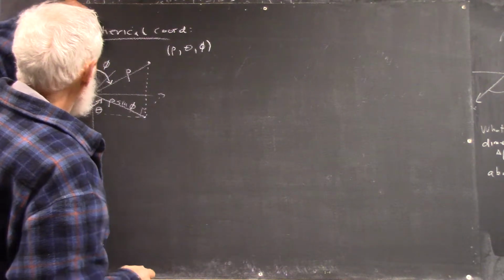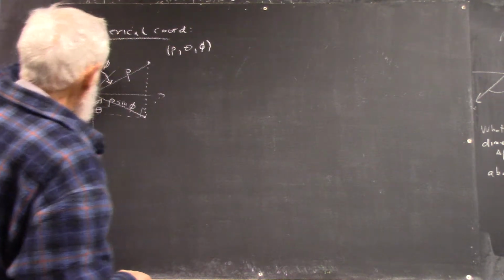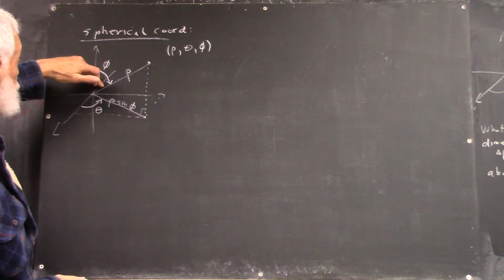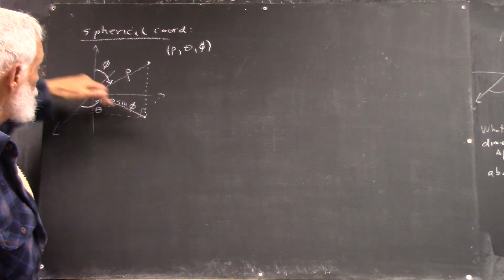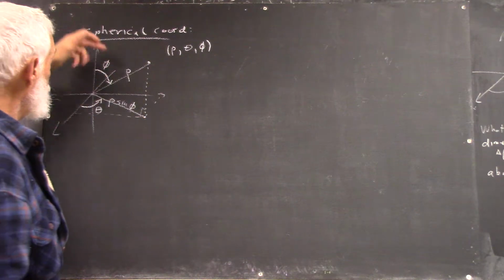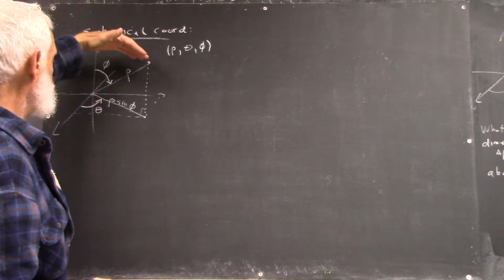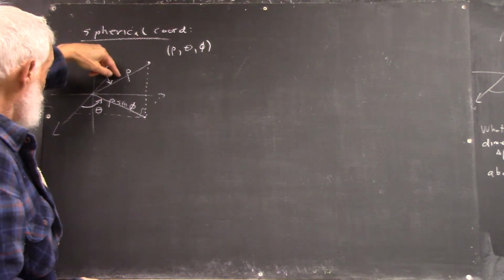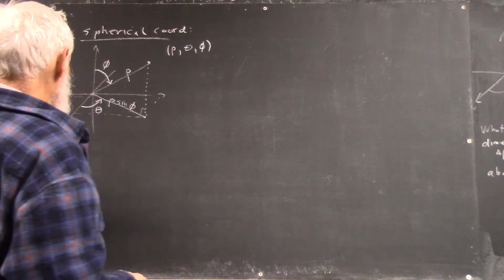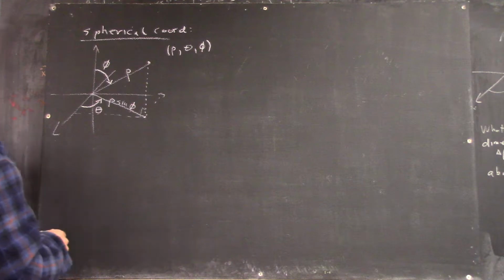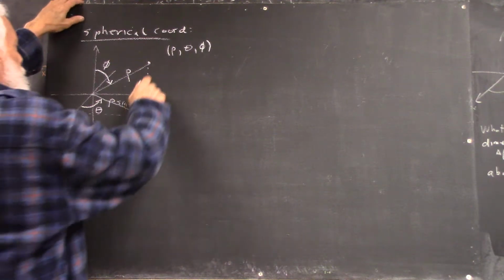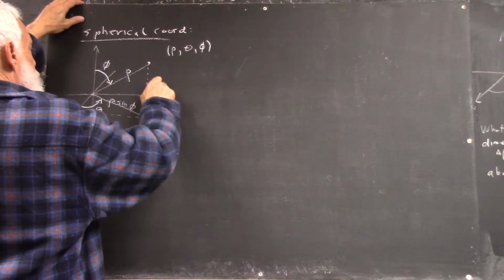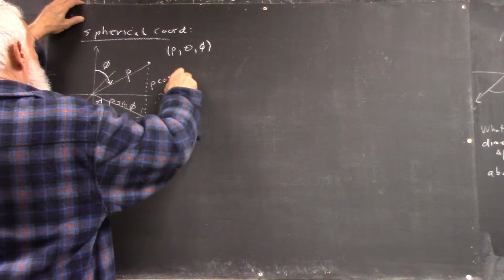From here to here over to the z-axis would be a right triangle with angle phi here. And the side corresponding to this one would be the opposite side with hypotenuse rho, so you'd have rho sine phi. And by similar token, of course, this side of the triangle is rho cosine phi.